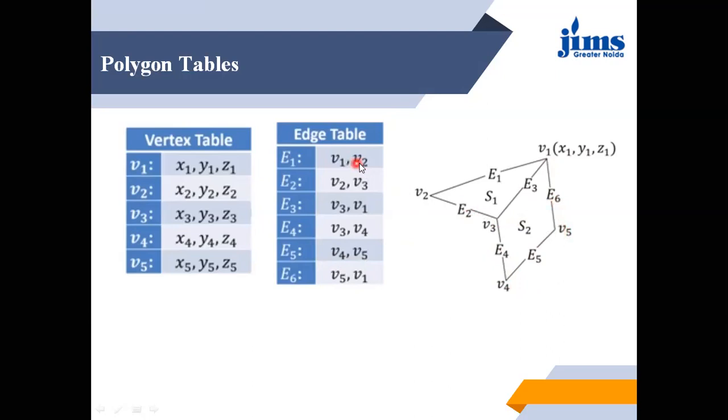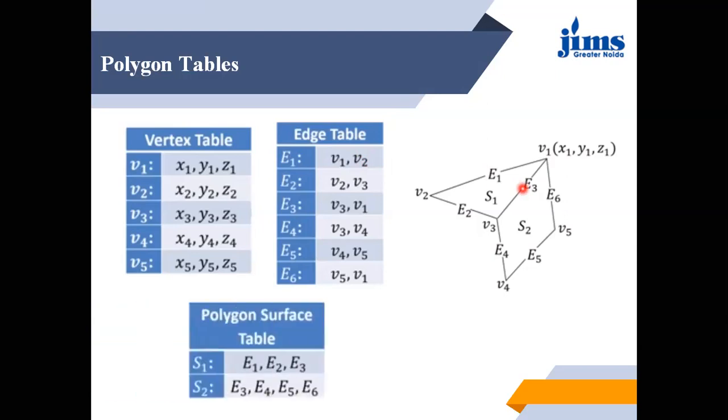In the edge table, we can interchange these two vertices also. Means we can write V2 in place of V1 and V1 in place of V2, because this is a non-directed graph.